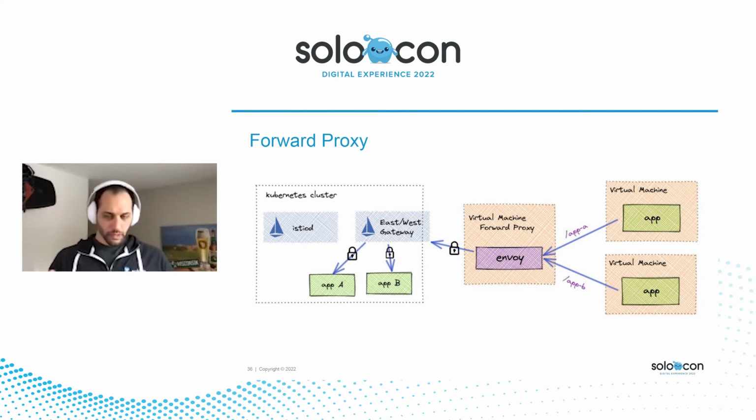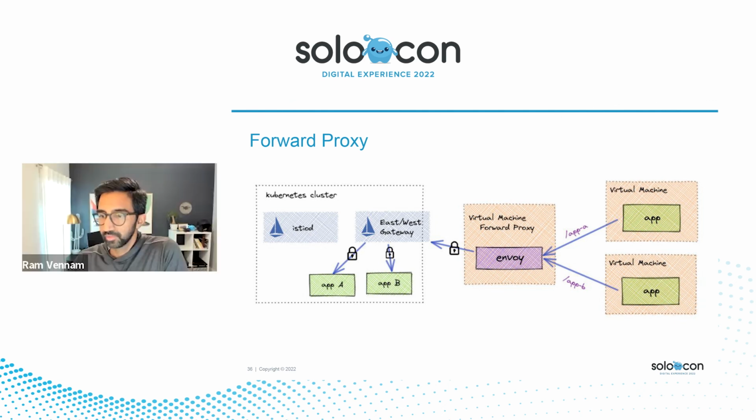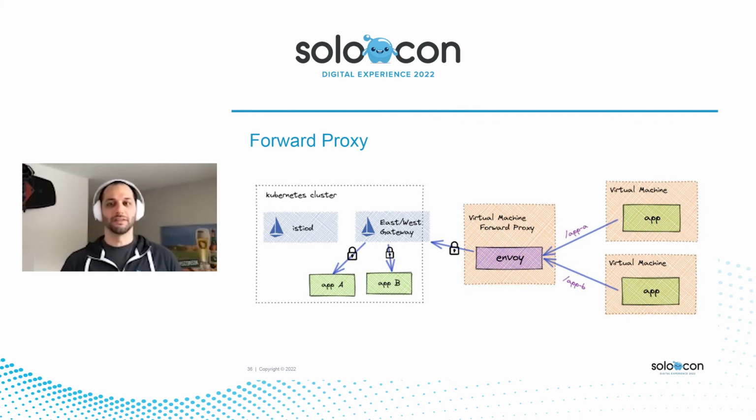And so we helped a customer design a virtual machine that just had an Istio proxy on it that we manually configured to allow virtual machines to securely communicate with applications in the service mesh. And this was a nice temporary solution for them to allow them to migrate those virtual machines into their Kubernetes clusters over time. And so they're now in the process of deprecating those virtual machines and moving them one at a time.